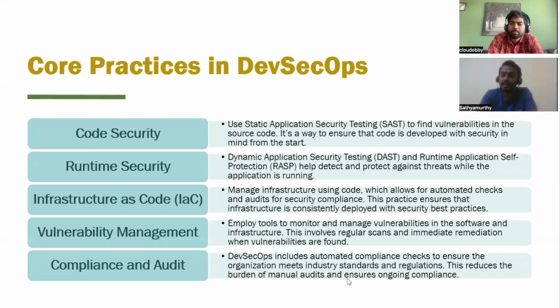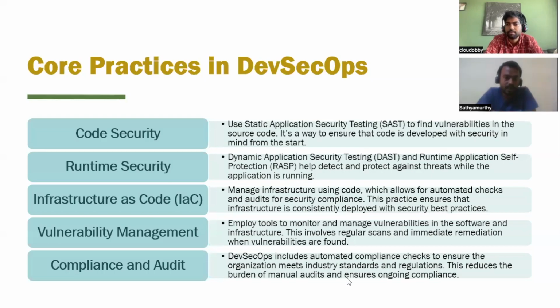Unlike SAST, which looks at application source code, DAST interacts with the running application to find security vulnerabilities such as input validation errors, authentication flaws, and session management issues. DAST plays a crucial role in ensuring the security of web applications through the software development lifecycle.